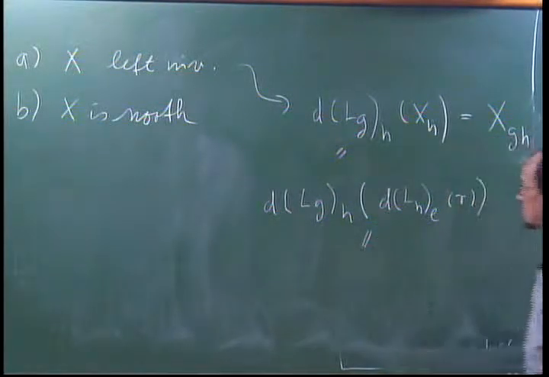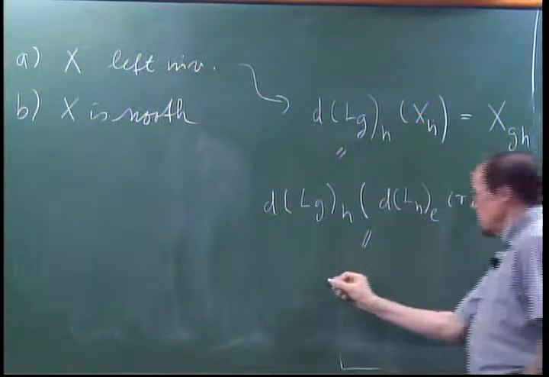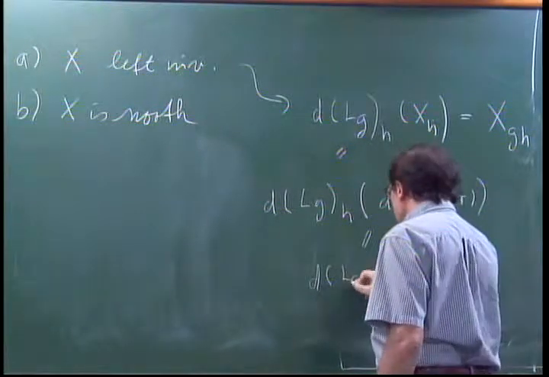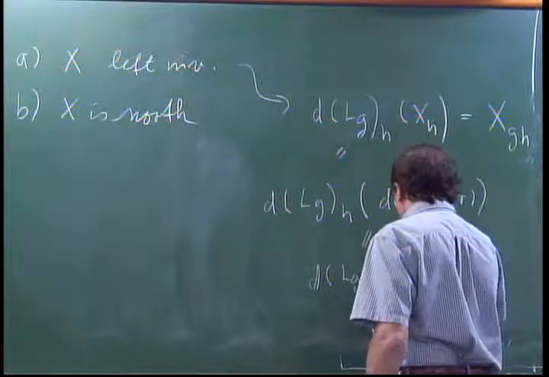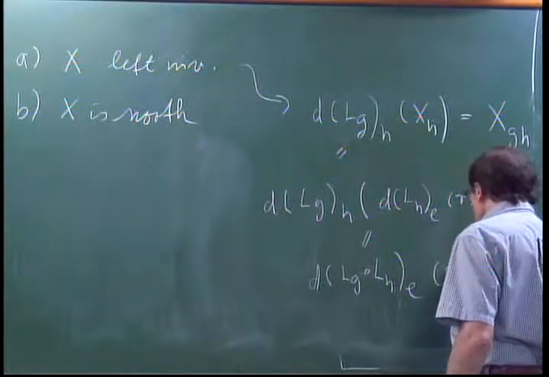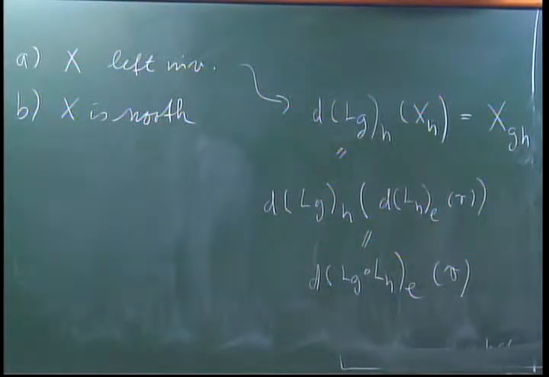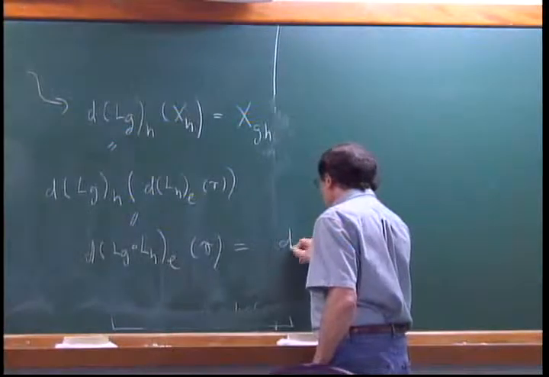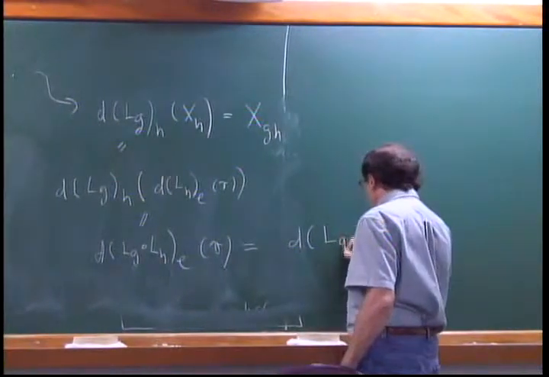And now I can use the chain rule. This is a composition of two diffeomorphisms, so the chain rule says that this is true. And now the composition of two left translations is just a left translation by GH.